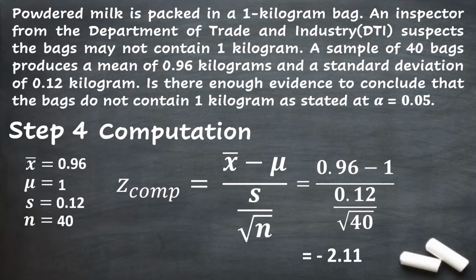The final answer for z computed is negative 2.11. Again, you have to round off the numerical value into two decimal places.